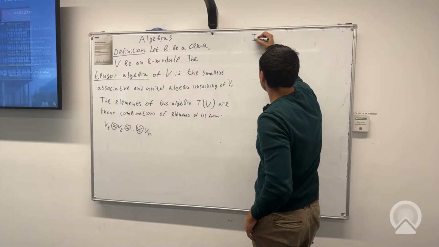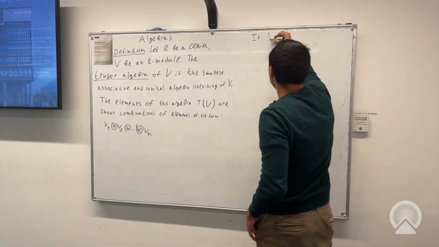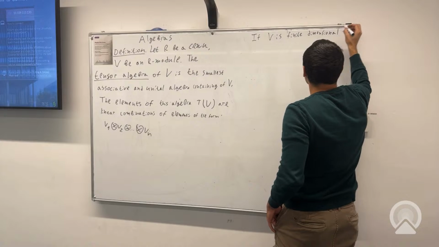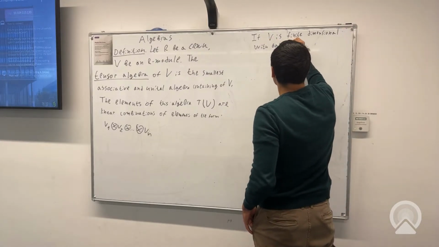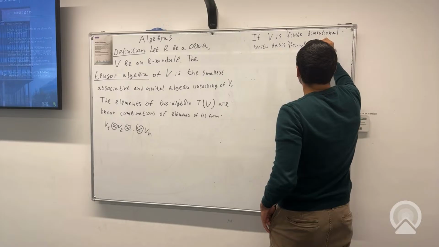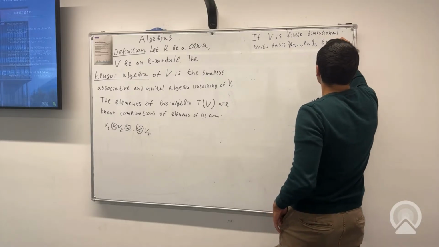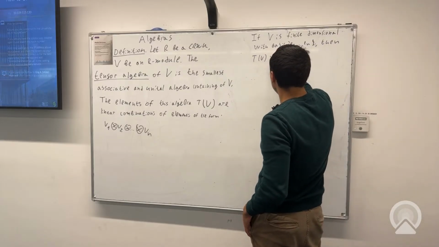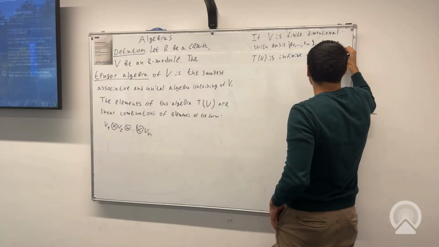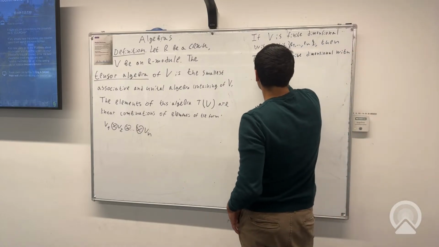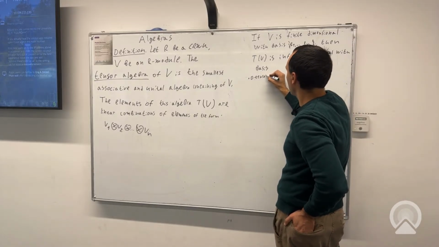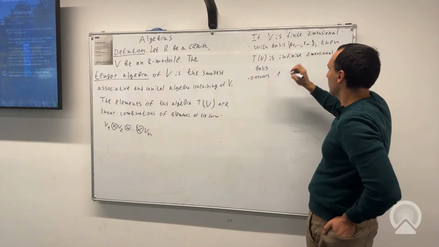If V is finite dimensional with basis E1 to En, then T of V is infinite dimensional with the following basis. I have 0 tensors, one of the 0 tensors.